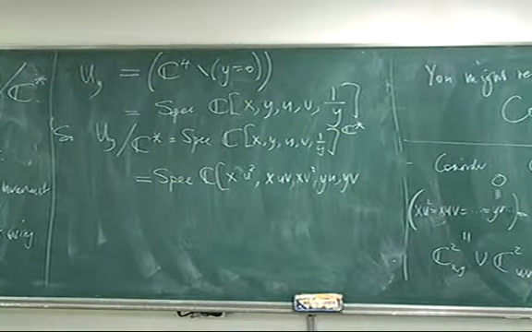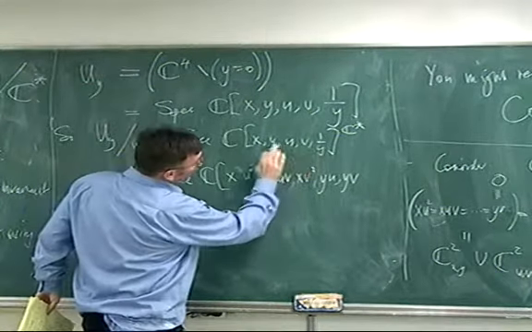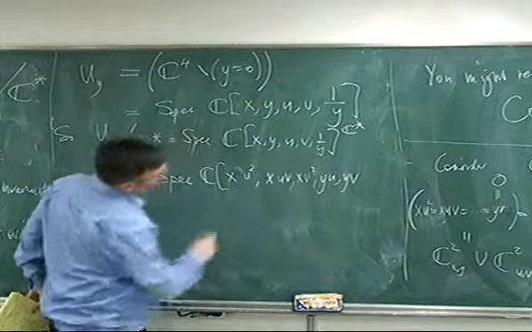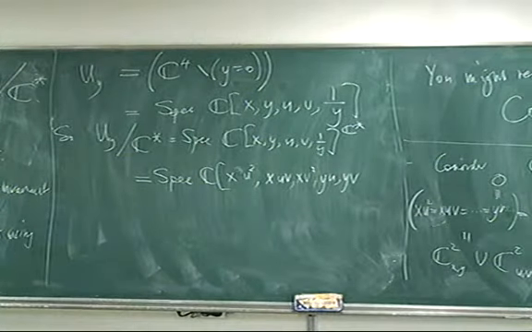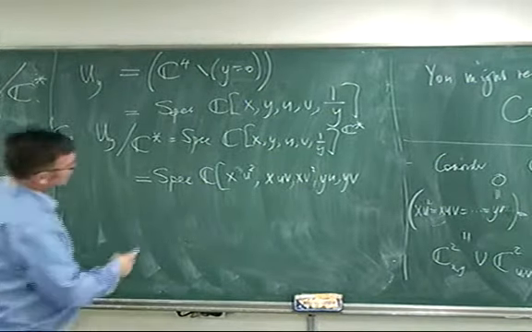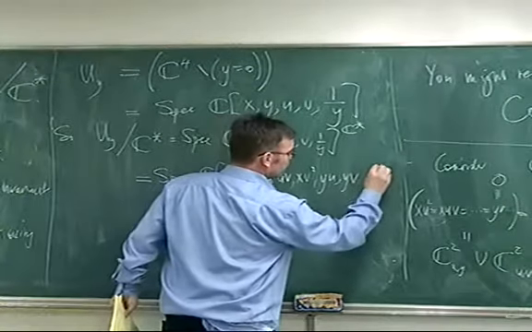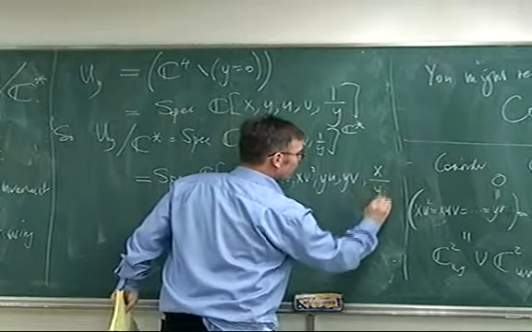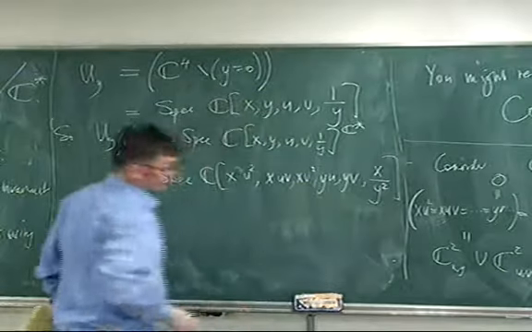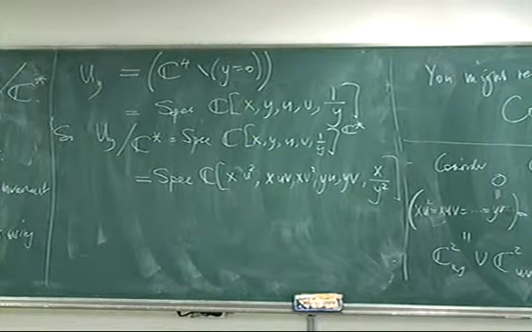But this is a very cool thing now that y had weight 1, so 1 over y has weight minus 1. When I hit it with lambda, I'll pull out a lambda in the denominator. So if I write x over y squared, that is also invariant. Yes, that's right.